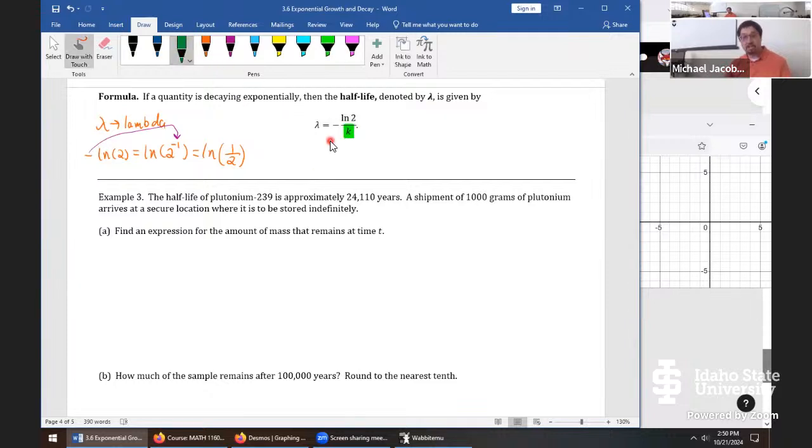In fact, this equation here by the red dot is just as good as this equation: K equals negative natural log 2 divided by the half-life lambda. Oftentimes we use this equation if we just want to build a model really fast. If we have a model but we want to know what the half-life is, then we use that equation there by the red dot. Well, either way, any questions, folks, about the half-life or the related equations?